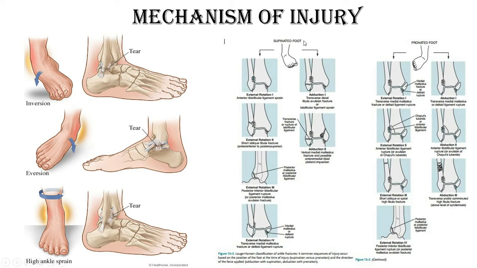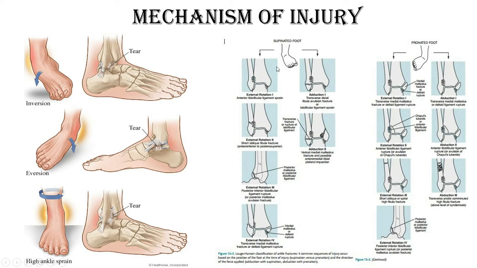See, when there is supination of the foot, there will be inversion of the foot. So the chance of injury on the fibular aspect is first. Now, as per the mode of injury, the fracture or the injury will occur around the ankle.